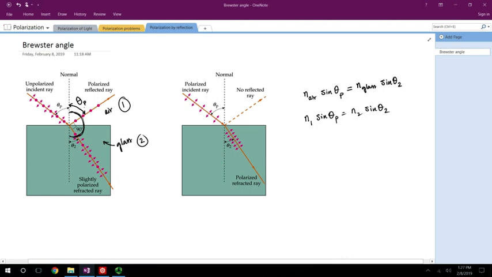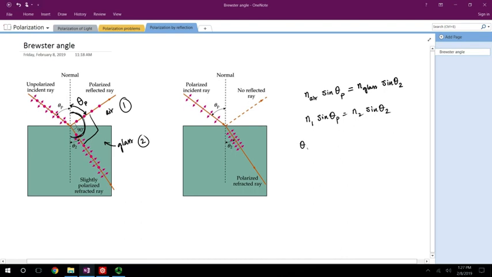Okay, so if that angle is theta p, this angle over here is 90 degrees, and that angle over there is theta 2, then we can also write that theta p plus 90 degrees plus theta 2, the sum total of those three angles, must be equal to 180 degrees. Or in other words, if I just rearrange, then I get theta 2 is equal to 180 degrees minus 90 degrees minus theta p. Or this is equal to 90 degrees minus theta p.